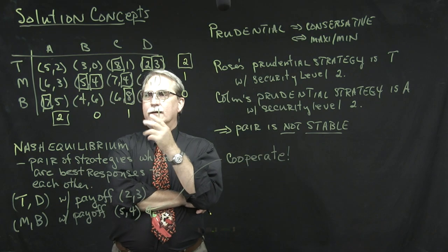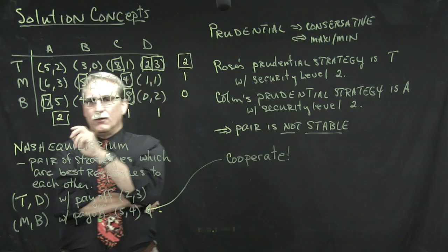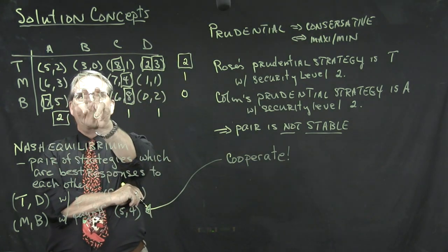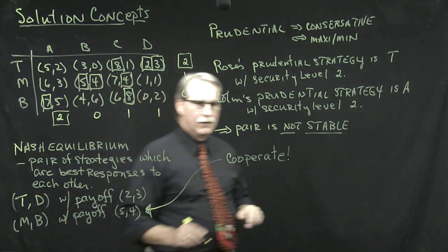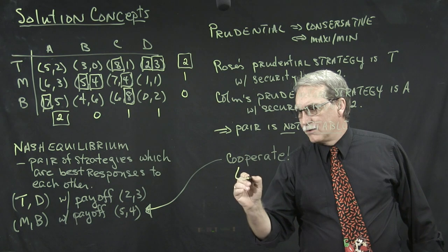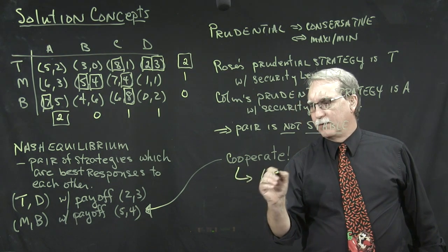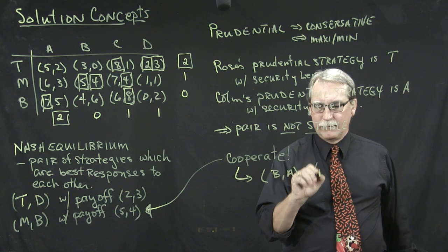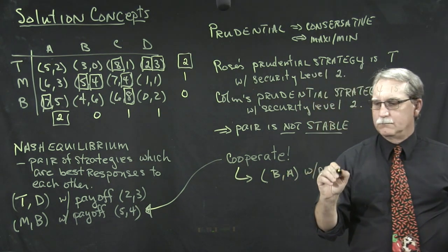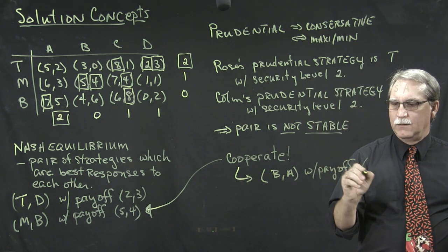But wait, we can still get a bigger payoff. If we're cooperating, instead of getting a 5 and a 4, we can get a 7 and a 5. So cooperating should get us to the strategy pair BA with payoff 7, 5.